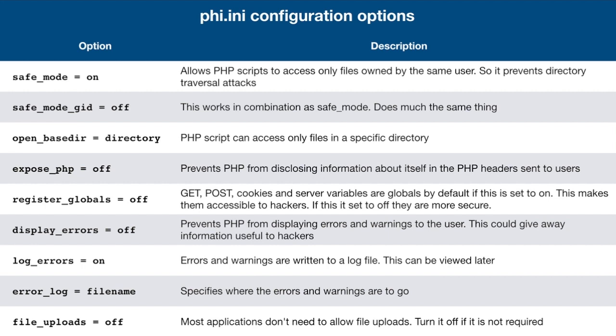Display errors is a very good example of something that you would want while you are developing your code, but that you don't want when it's deployed. If you turn this off, it'll prevent PHP from displaying errors and warnings to the users. That could give away some useful information to hackers. Now, when you are writing the code, you want that useful information.